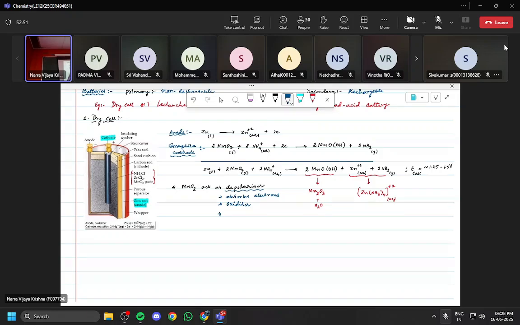It is pulling hydrogens from ammonium, NH4+, and trapping them. So MnO2 will also stop H2 gas bubbles from accumulating by absorbing them.